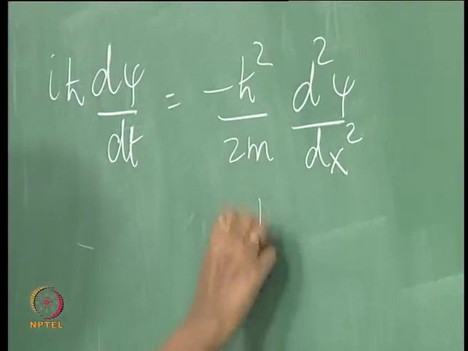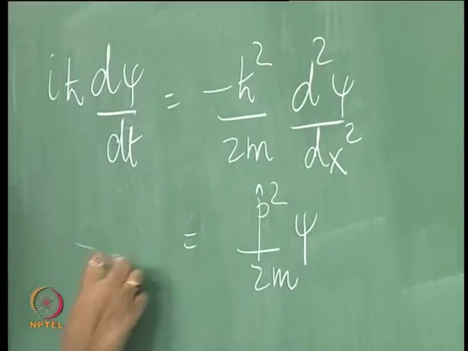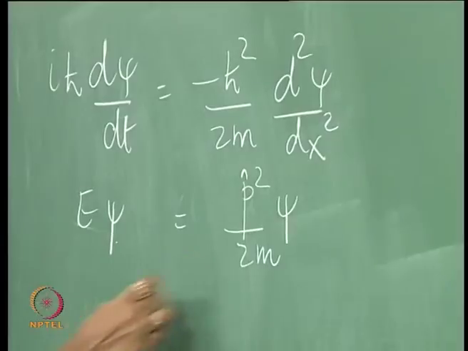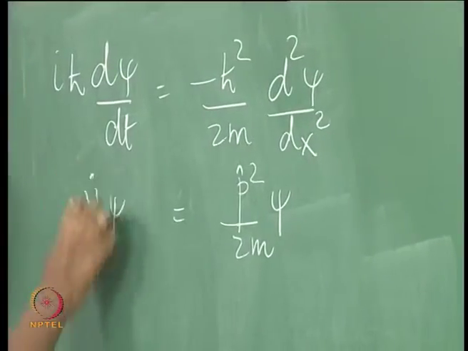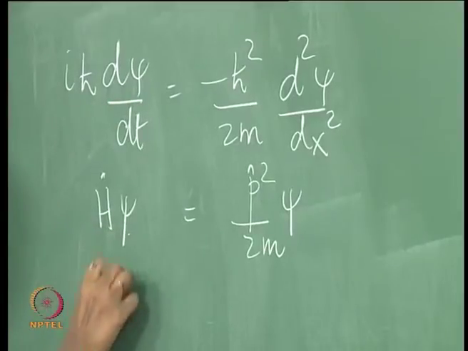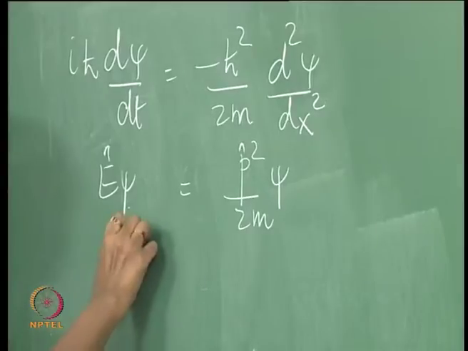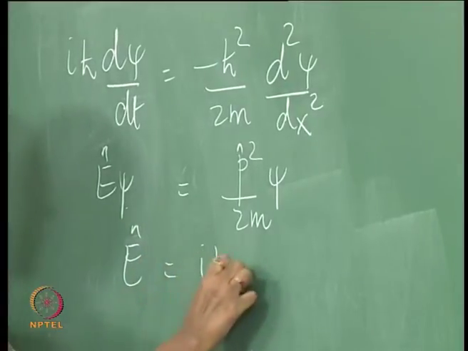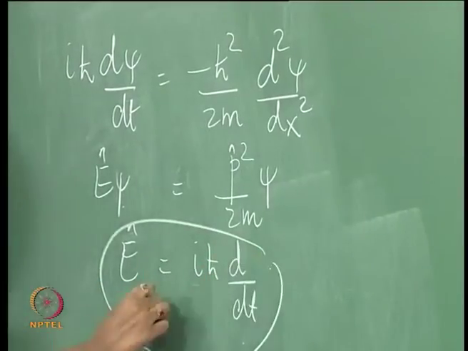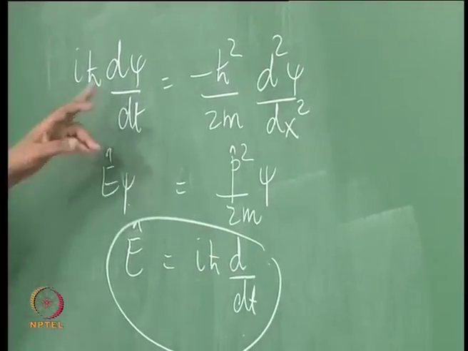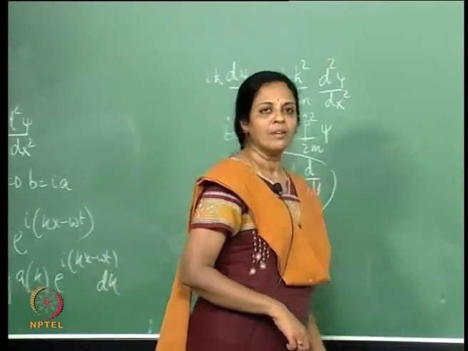That is like saying p²/2m ψ is Eψ, because E is p²/2m, or Hψ if you wish, and that tells you that the energy operator is iħ ∂/∂t. This identification is possible from the Schrodinger equation, because I know that energy is p²/2m for the free particle.